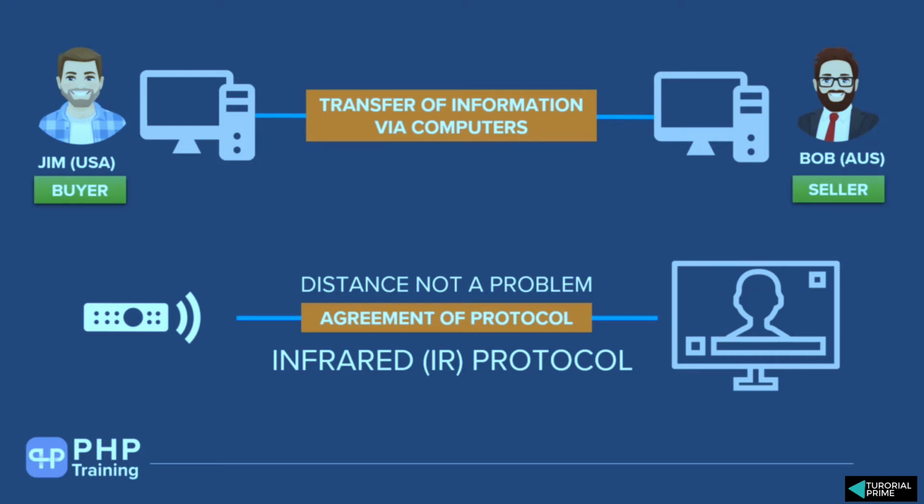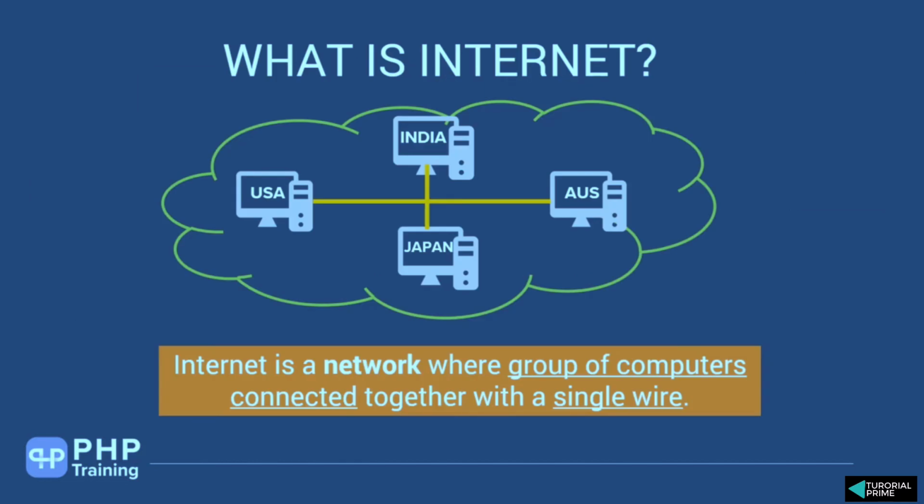In terms of Jim and Bob, Jim stays in USA and Bob stays in Australia. Obviously distance is a problem here. How can Jim's computer talk to Bob's computer when they live in two different regions so far away? So let's understand how this problem can be solved. Let's understand what is internet. Internet is a network.